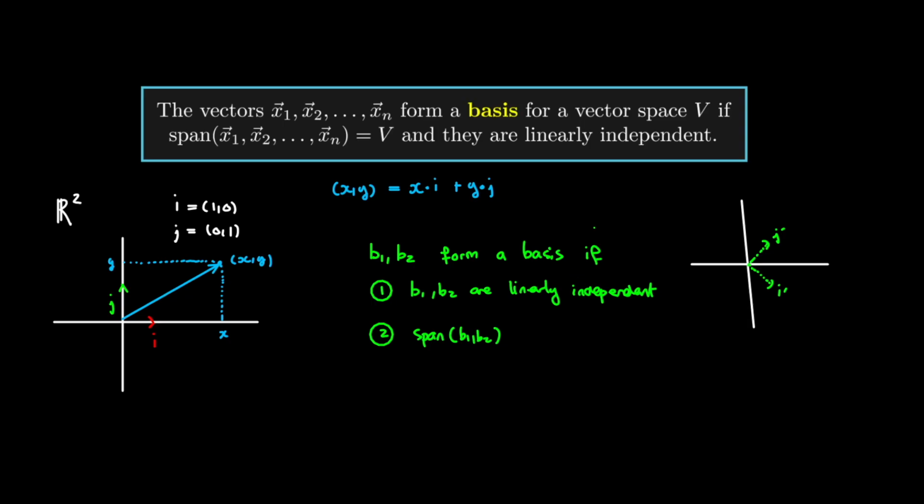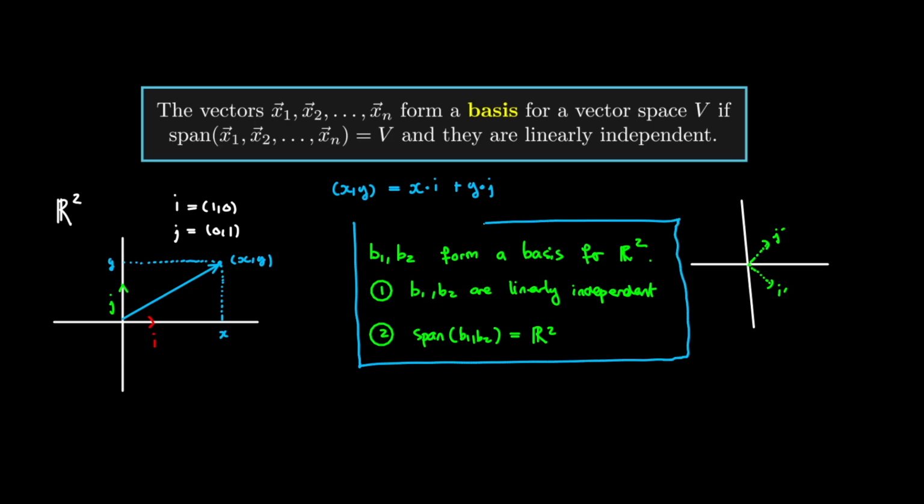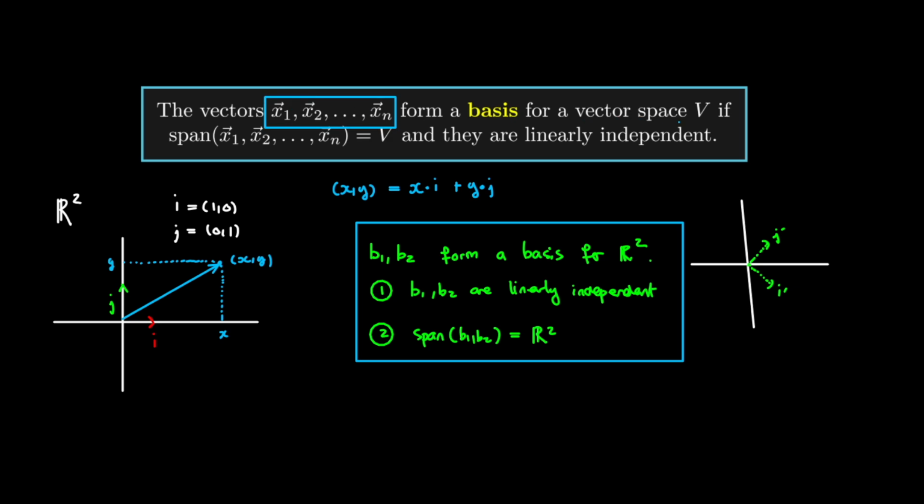Now, our space is R2, so here we would have to say exactly R2. So a basis for R2. Okay, now this definition here easily and quickly generalizes to any vector space. And that generalization is just given up here. That's this general definition. So these vectors, n of them, form a basis for our vector space if they are linearly independent and their span is the entire space.